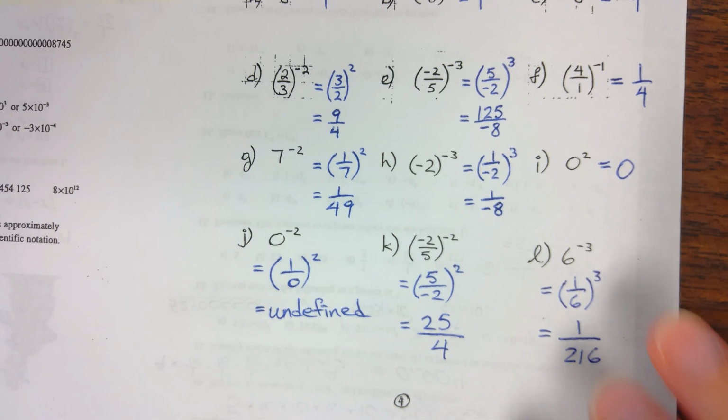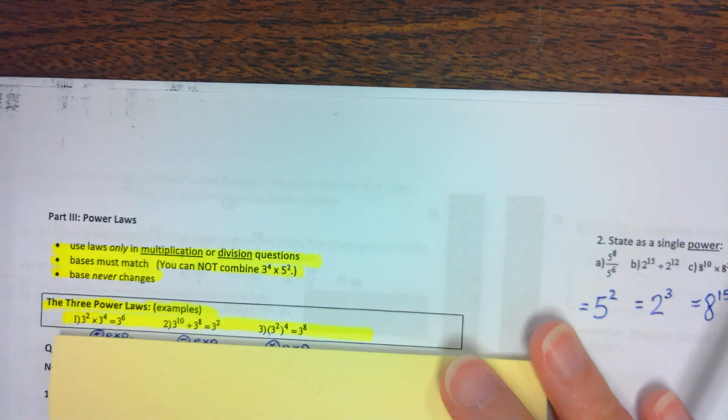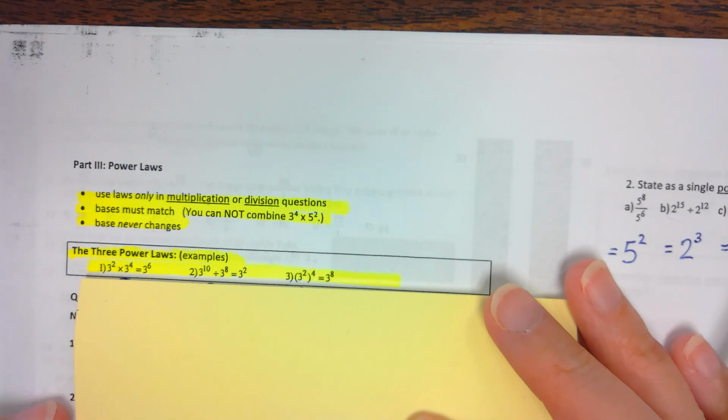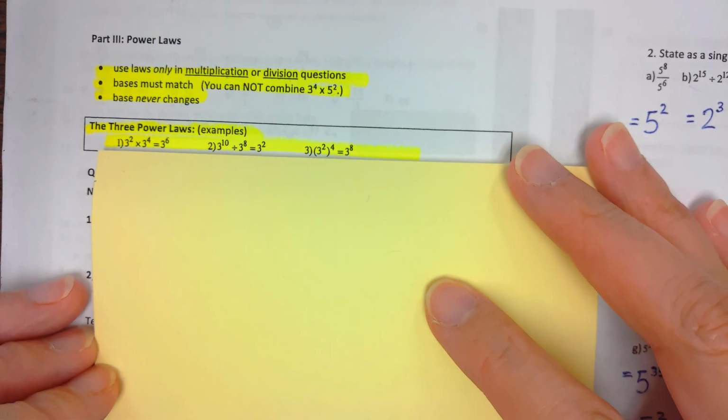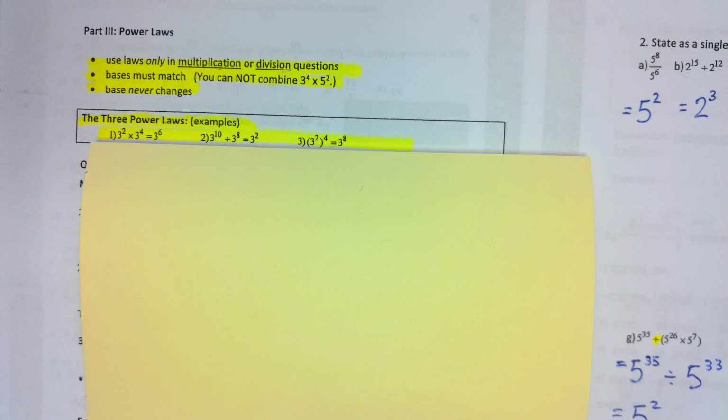All right, so on to today's lesson on page 7. All right, exponent rules, the power laws. So for the power laws, can you apply the power law to everything?